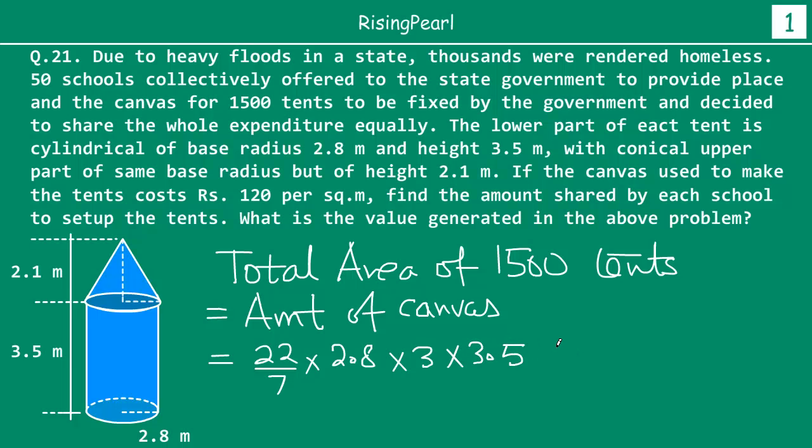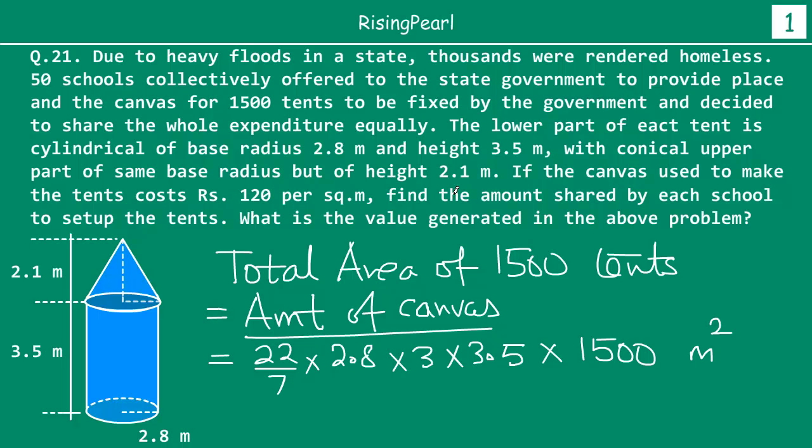So this is for 1, and this we have to multiply by 1500. So this much meter square is going to be the total area or the amount of canvas that we need, right? Now this is how much square meter of canvas we need.